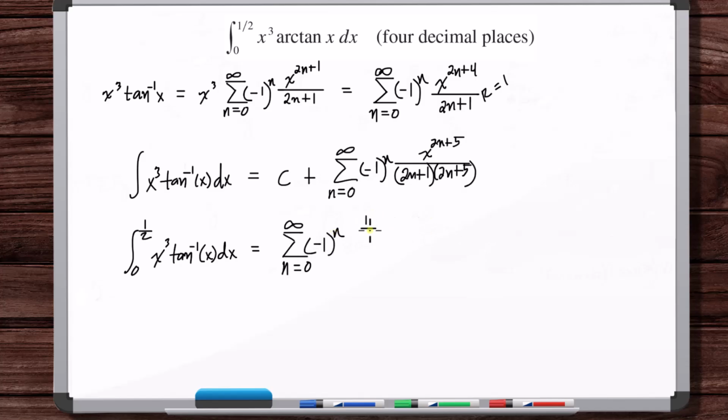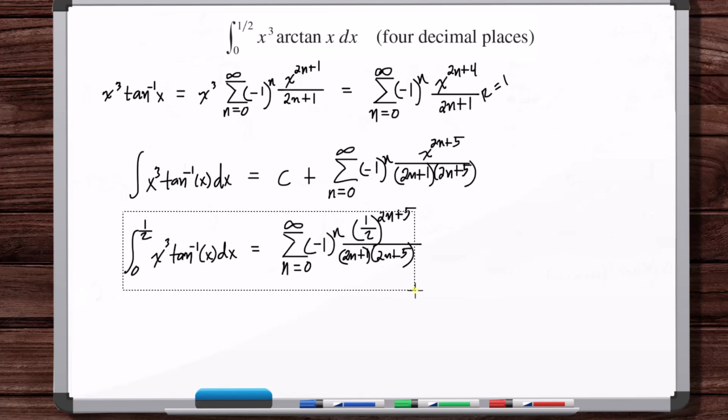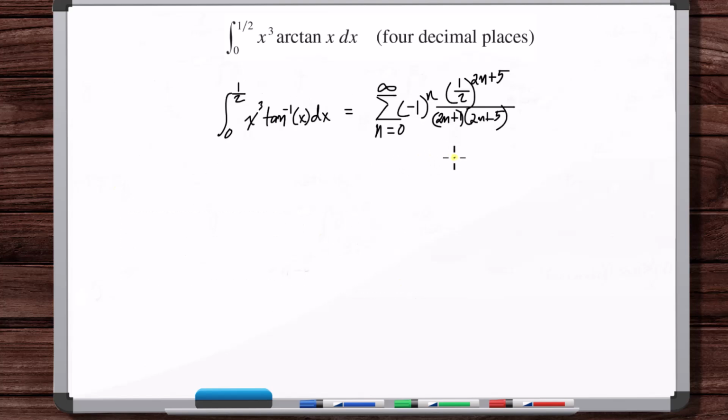So we've got 1/2, there we go. So now this has turned into a type of problem that we worked in the first half of the chapter. This is just an a sub n now.